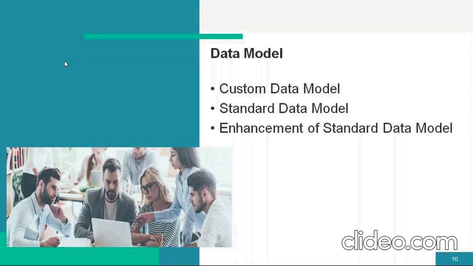So in this chapter, we will understand the standard data model and the custom data model, which means completely custom. And the third one, which is most important for any kind of project, is enhancement of the standard data model, where you have the BP data model and you just need to enhance it as per the business requirement. With various examples we will do this particular activity.